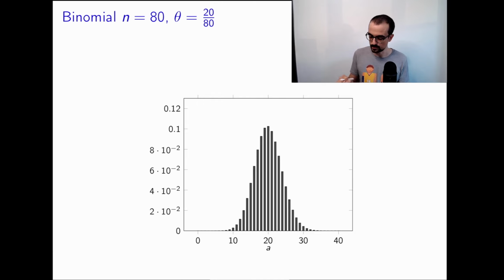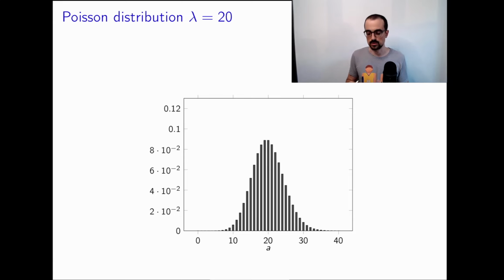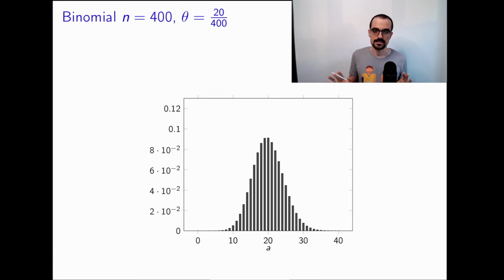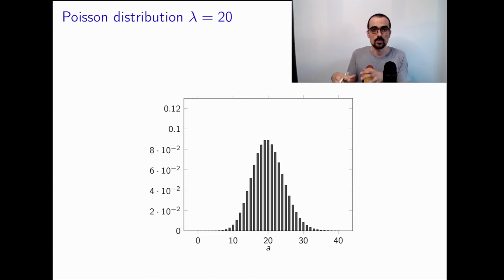Check out how the shape of the PMF changes. Eventually it's not changing so much, even from 80 to 400. This is a Poisson distribution with lambda equal to 20. It's essentially the same already when you take n to 400; you don't have to take n super large. You've almost converged to a Poisson distribution. So what we have proven actually holds numerically, which is always good.